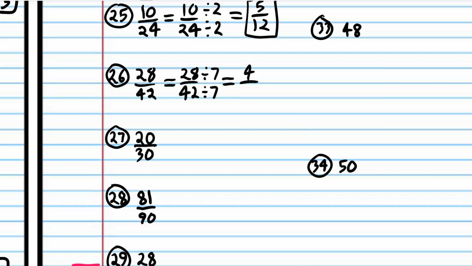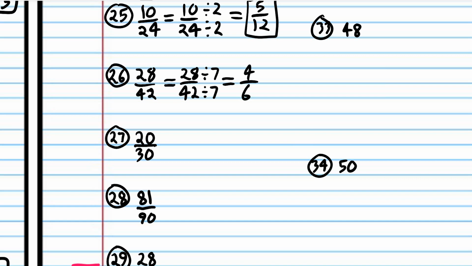And 42 divided by 7 is 6 because I know 6 times 7 is 42. That number is not reduced completely though. Let's see, was there a bigger number we could have used there? Trying to think if there was a faster way to do that. I don't think there was.